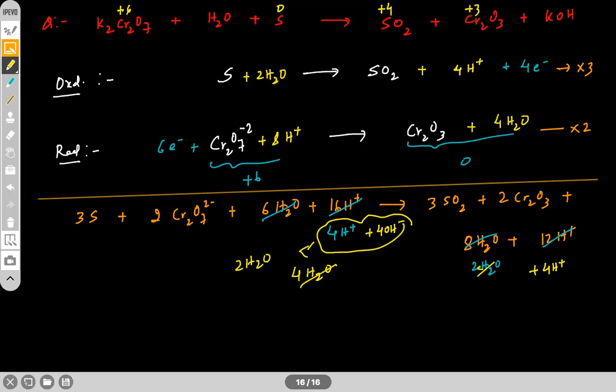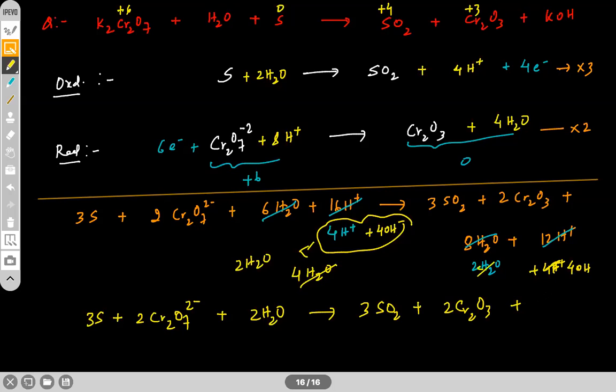So the net reaction is 3S plus 2Cr2O7 2 minus plus 2H2O converts into 3SO2 plus 2Cr2O3 plus 4OH minus. I have written here 4OH minus should be, na? 4OH minus.